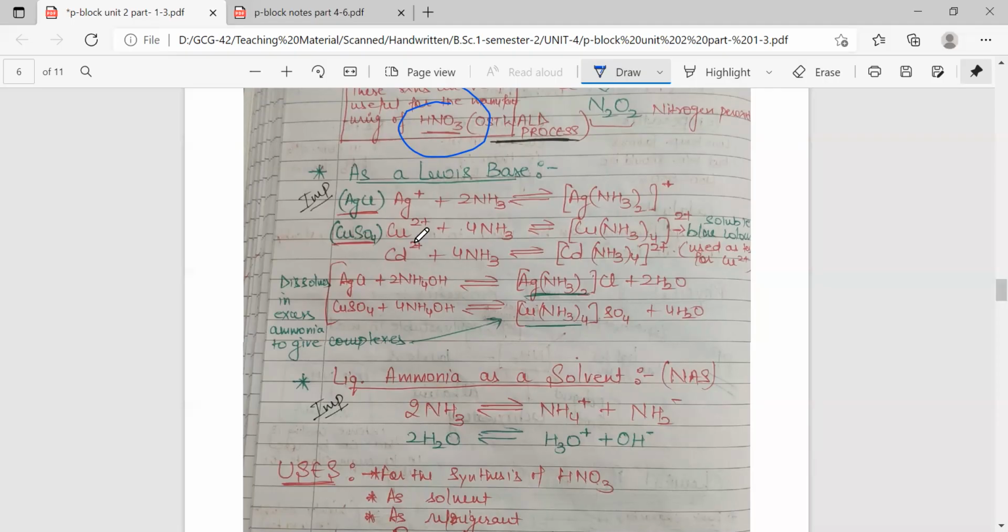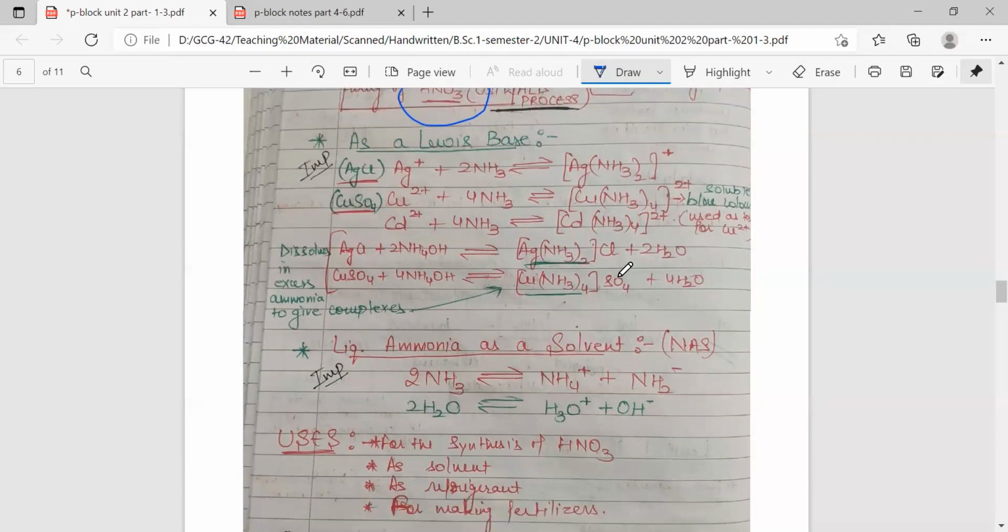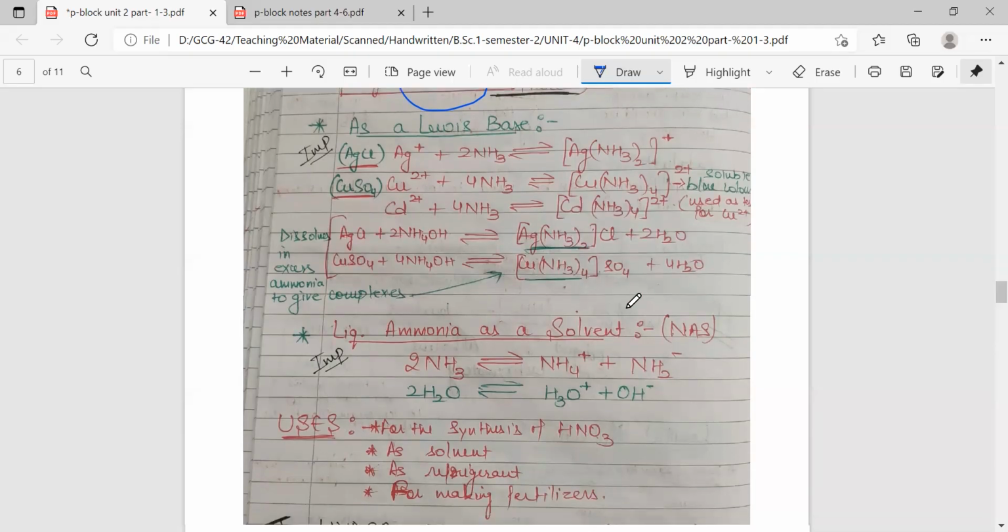Next is the reaction with cadmium ion. With cadmium, it also forms a complex, which is again a soluble one. Silver also gives complexes with excess ammonia. These salts, which are not generally soluble, get solubilized in liquid ammonia due to the formation of these complexes.